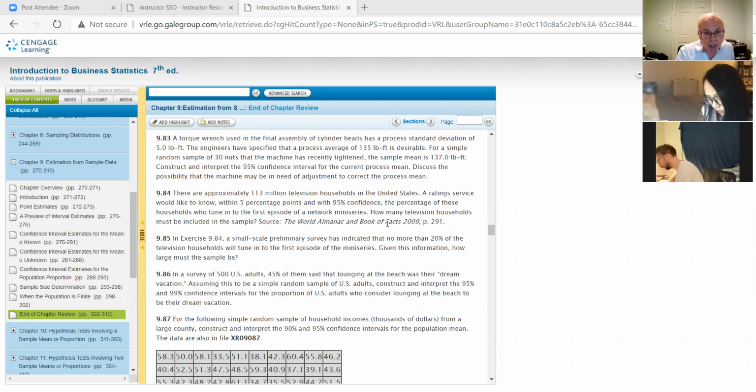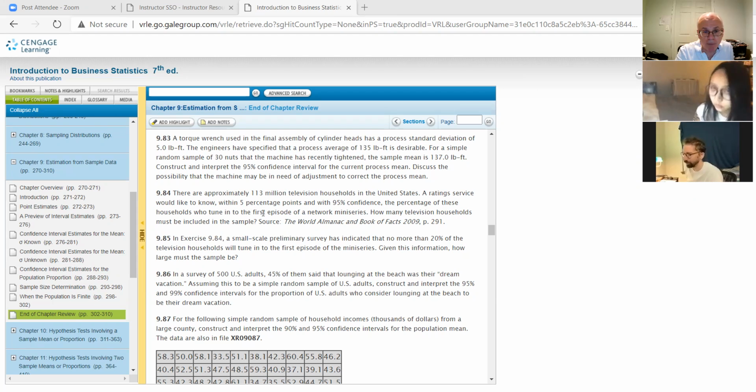Another way of saying this is, what is the minimum sample that you need to have in your study, right? Why? To meet these requirements. Level of confidence, 95%, and it says within 5 percentage points. What does within mean? Another way of saying within, in the context of what we've been talking about.